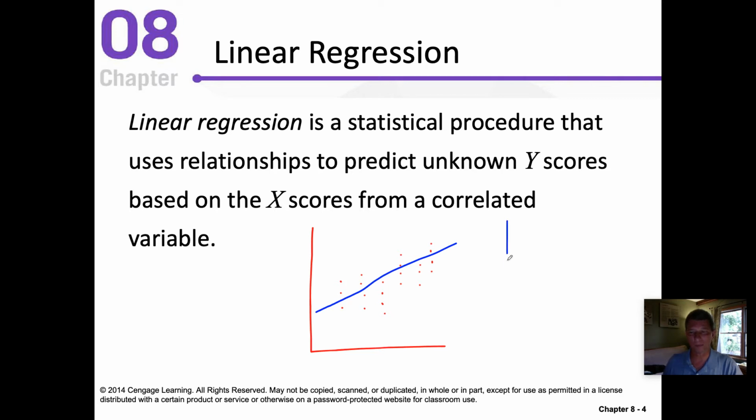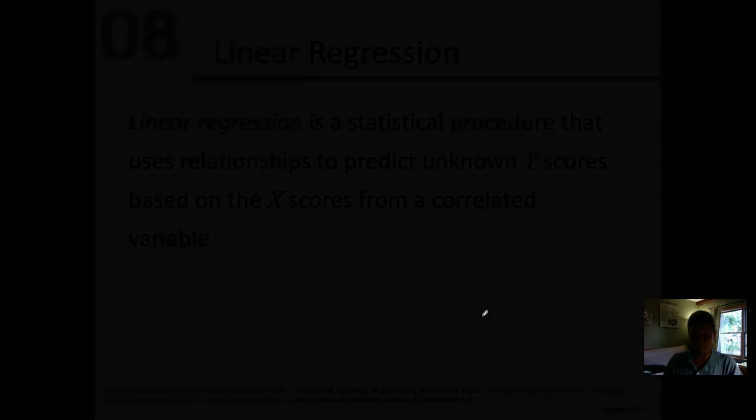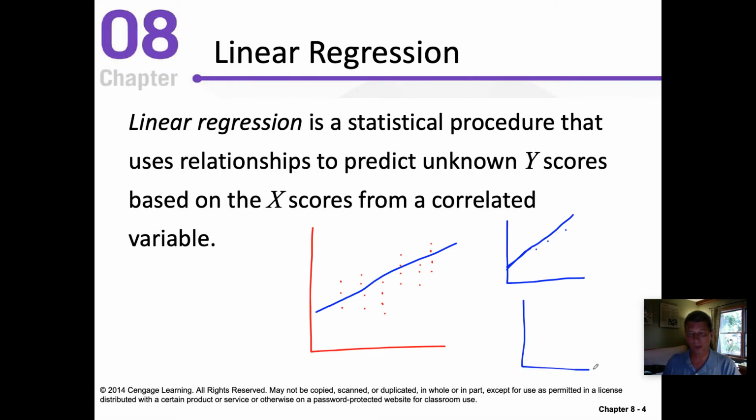If you've got a relationship where your data looks like this, pretend that's a straight line, and all the data is right on the line, well, that's a very strong relationship here. On the other hand, if you've got a set of data and you end up with a line that looks something like this, that indicates a very weak relationship here between the x and the y data.